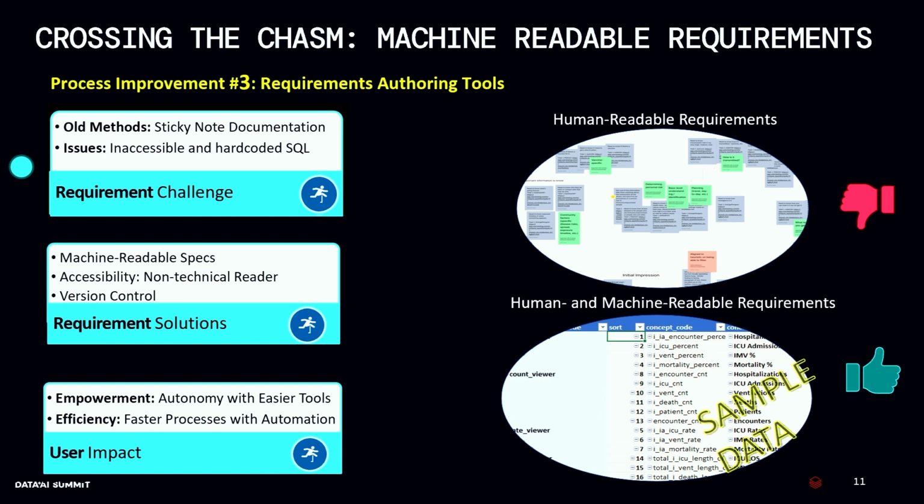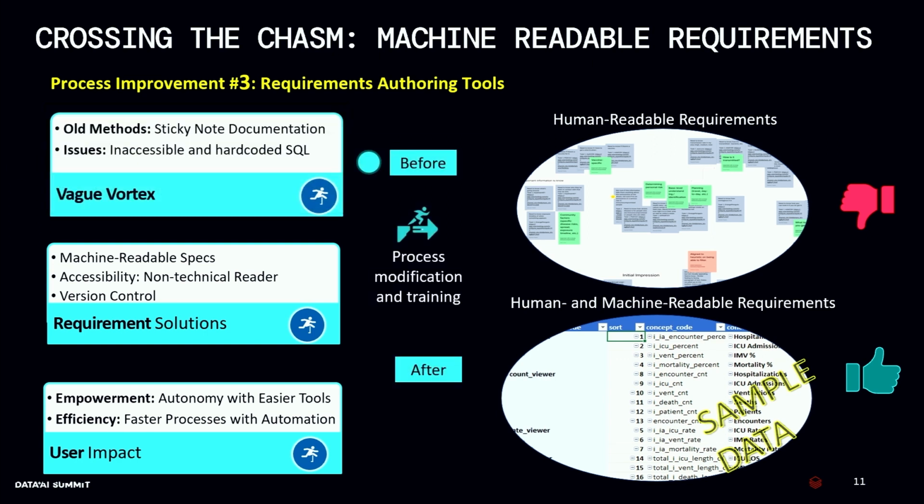So there's this sort of vague vortex where the requirements that we need in a compliant document don't exist in a format that a machine can understand. If they're on a sticky note, a lot of times what they'll say is that I need a longitudinal analysis of any data source over any time for any reason by next week. That's a good, ambitious goal, and it is good to get users' desires on paper. But what we were really challenged with was creating a format that a machine can understand.